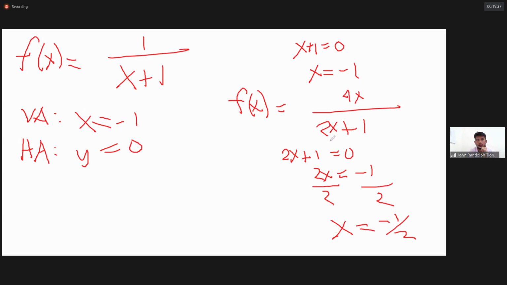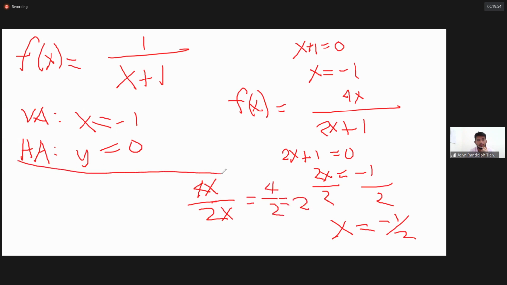Okay? So, copy that one, your 4x. The same lang tayo sa denominator, which is 2x. So, you can just cancel this one. Cancel yung x natin, cancel yung x. 4 divided by 2. Then we will just have 2. Therefore, for this equation, ilista na natin dito.